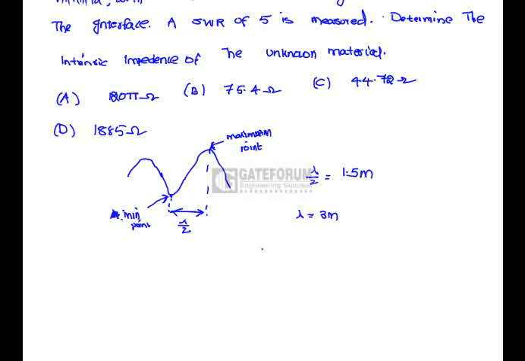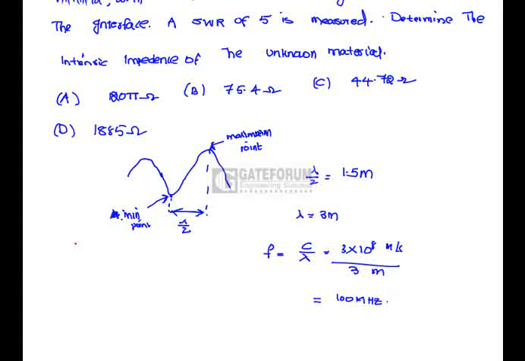If we know the lambda, we can decide the frequency of operation, that is c by lambda, that is 3 into 10 power 8 meters per second divided by 3 meters, which is 100 megahertz.